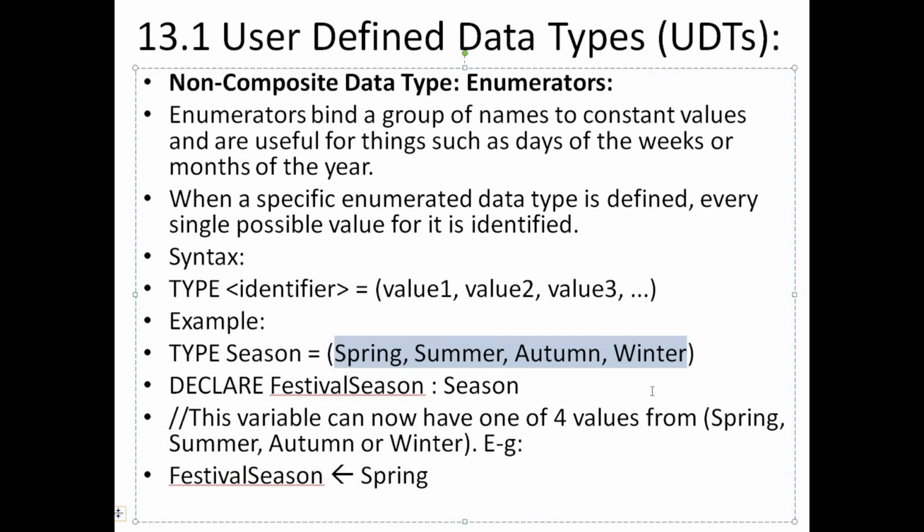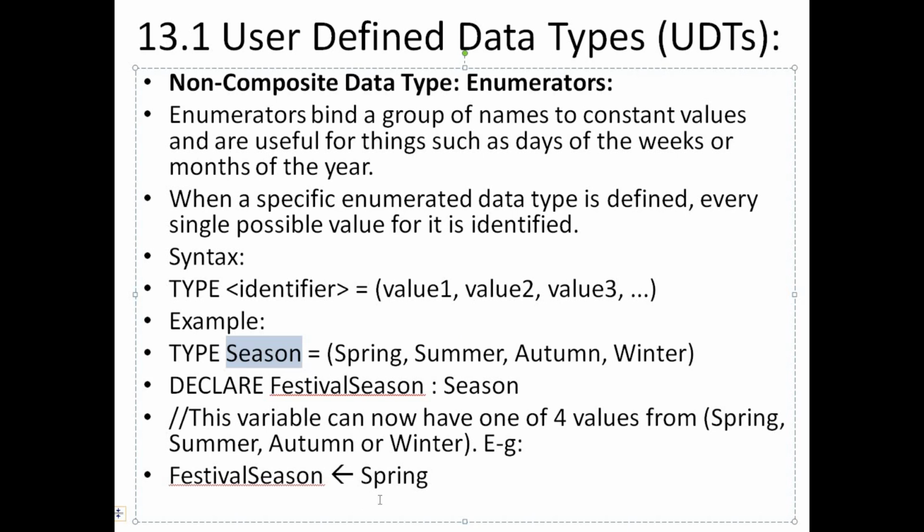Now if somebody tries to input any other name, it will not be accepted. This line will help you create an enumerator UDT, and then you can assign it to a variable. For example, declare festival season, and the data type for that is season, that we just created. Without creating a UDT, you cannot use it. You are going to have a huge error.